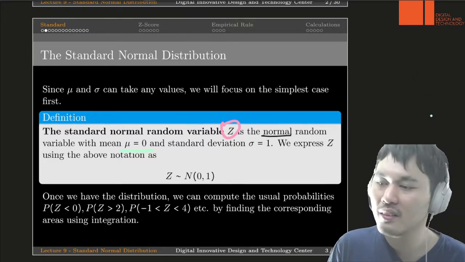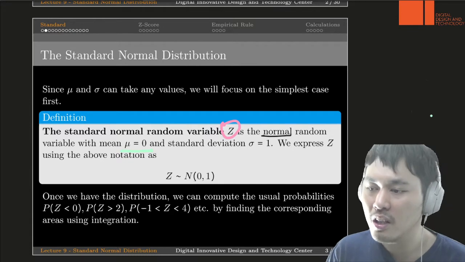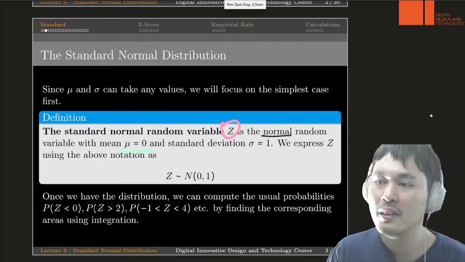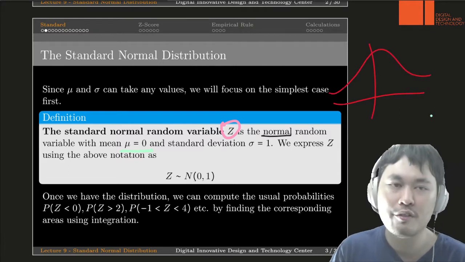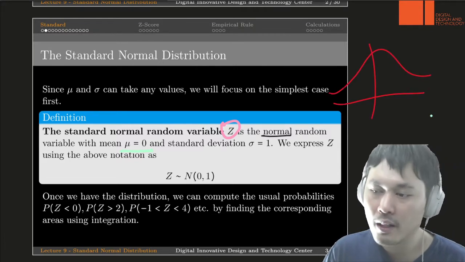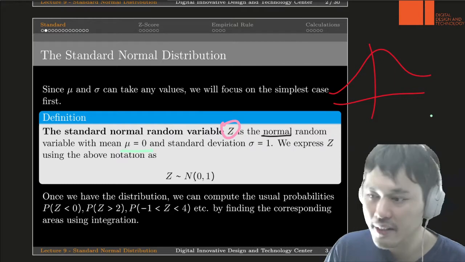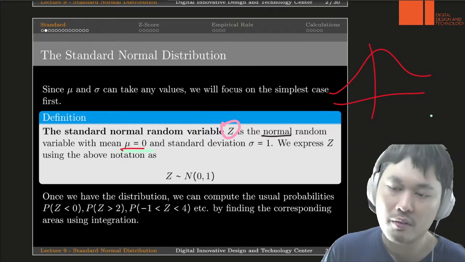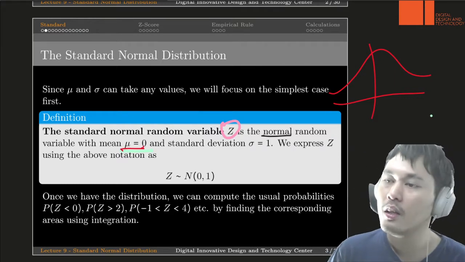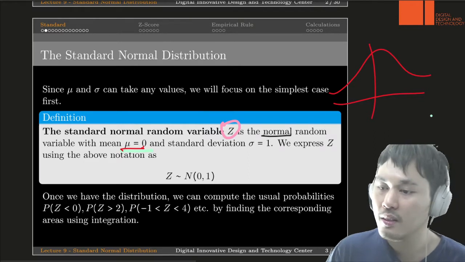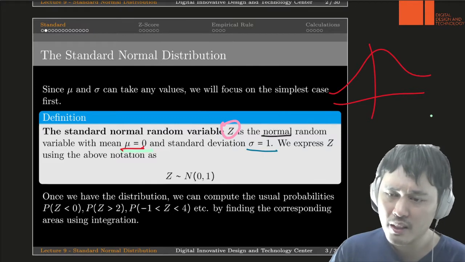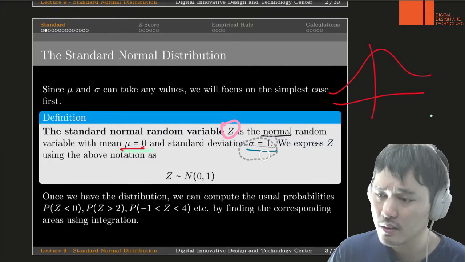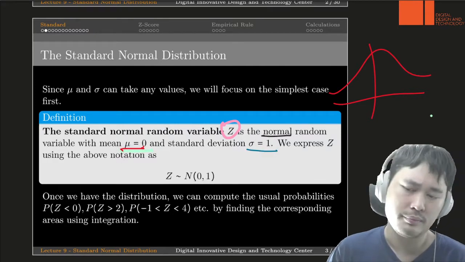It has to be that function, and that means it's this kind of curve. It has to have the mean mu of 0, and it must have the standard deviation sigma of 1.